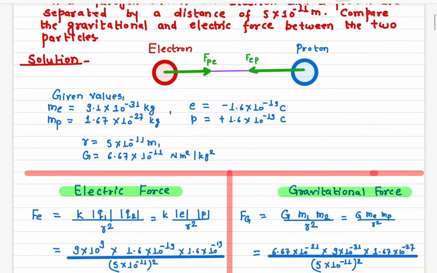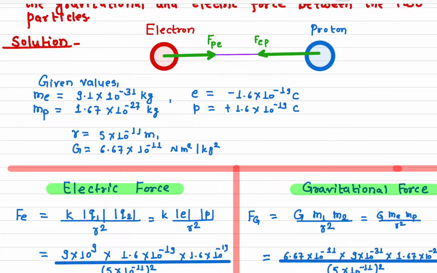The known parameters are the mass of the electron, the mass of the proton, the charge of the electron, and the charge of the proton. Notice the charge of the electron and the proton have exactly the same magnitude, but the charge on the electron is negative, and the charge on the proton is positive.